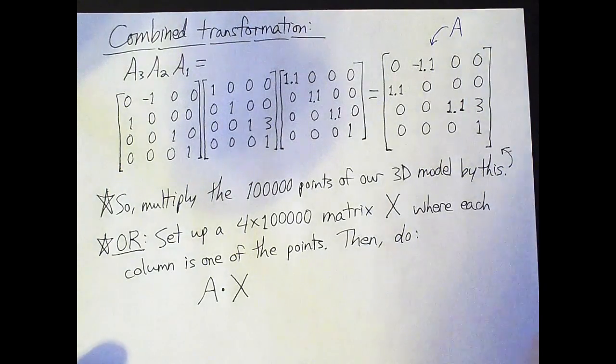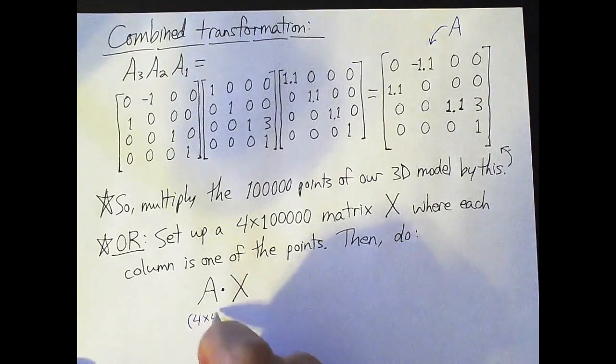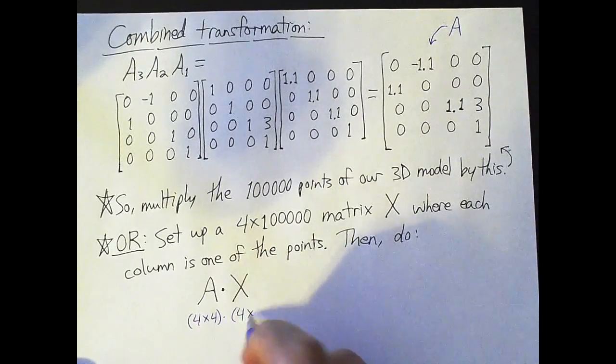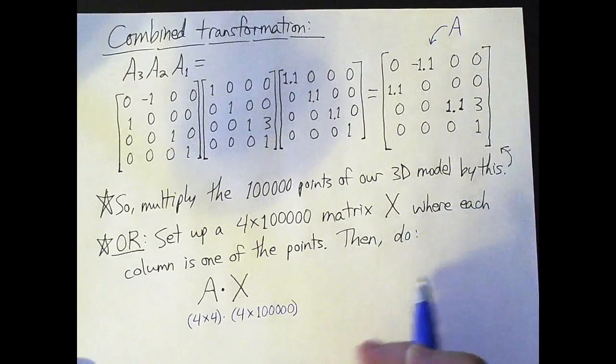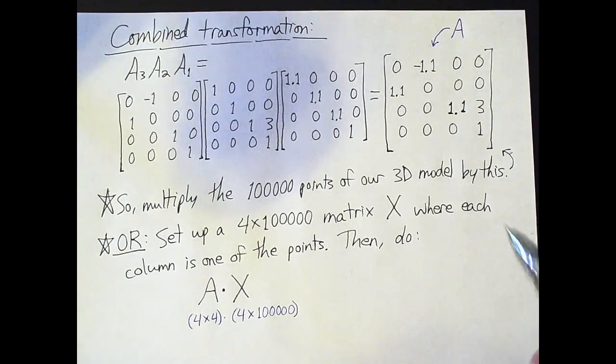It's a very big problem. What are the sizes of these matrices? So A is 4 by 4, and X is 4 by 100,000. If you multiply this out, the result that you get is a matrix that is 4 by 100,000, and it is the set of points that have been transformed.